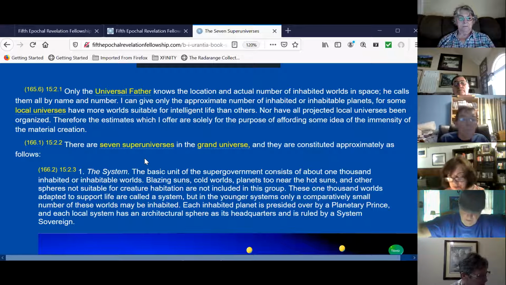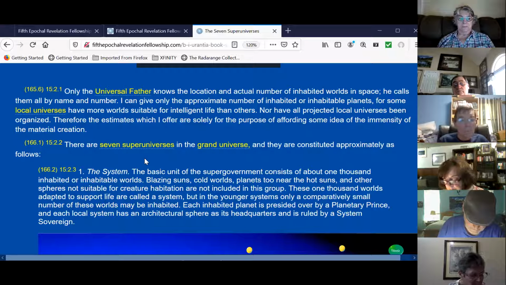There are 7 super universes in the grand universe, and they are constituted approximately as follows. 1, the system. The basic unit of the super government consists of about 1,000 inhabited or inhabitable worlds. Blazing suns, cold worlds, planets too near the hot suns, and other spheres not suitable for creature habitation are not included in this group.